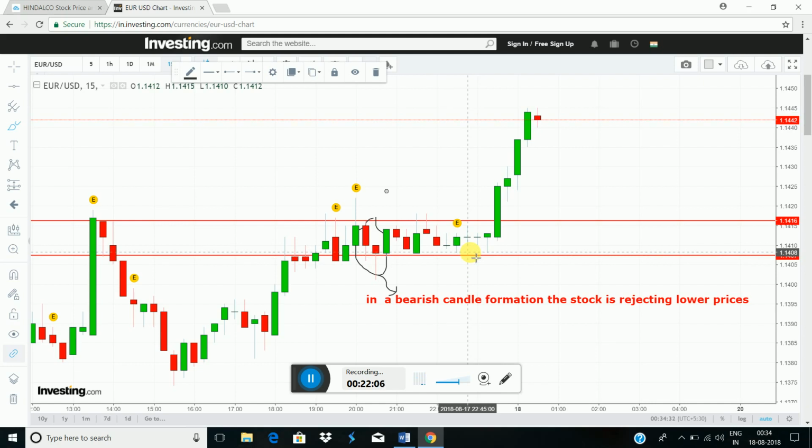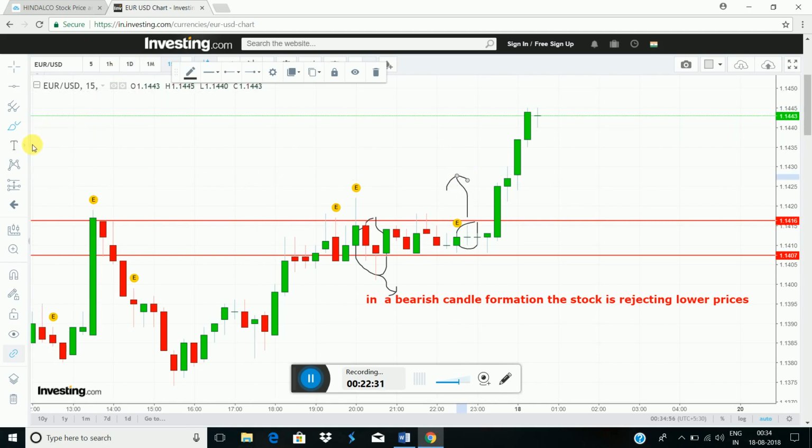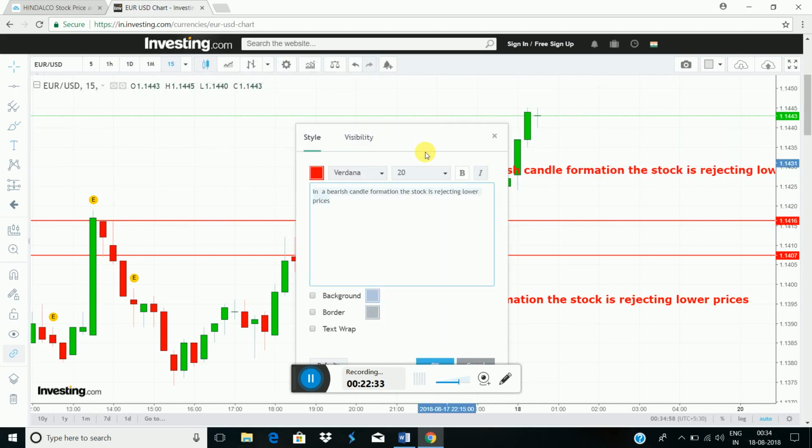Now here we need to take a decision. This particular candle is where you will time the market. This is your timing candle.